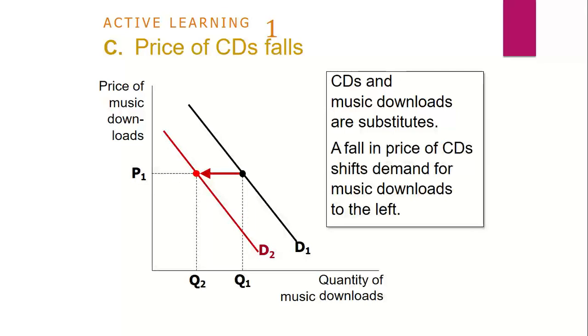The price of music downloads did not change here, but the quantity of music downloads did change due to the negative left shift of the demand curve, as people lose interest in music downloads. So here the shift occurs to the left-hand side of the original demand curve. So this is because of the fall in the price of CDs.